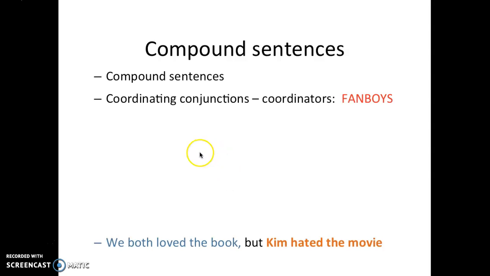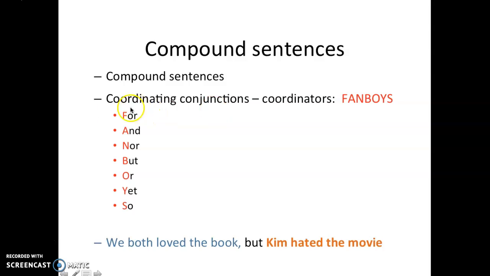Compound sentences. Okay? In a compound sentence, the word but is what we call a coordinating conjunction. I know that it's a very fancy word, but or what is called coordinators. The coordinators are part of a word called FANBOYS. For, and, nor, but, or, yet, so.